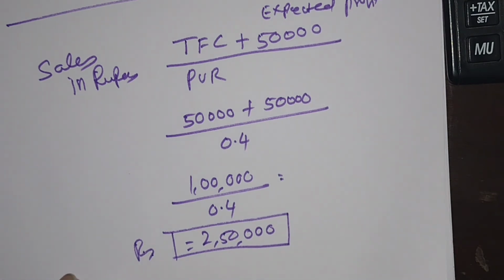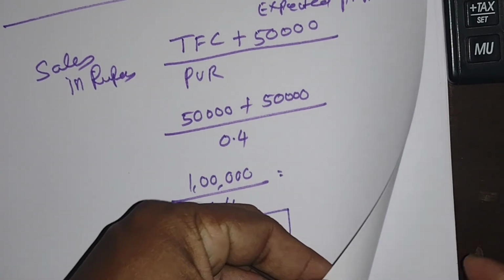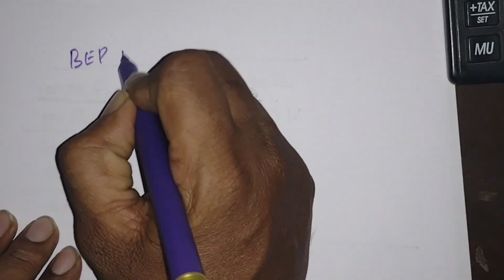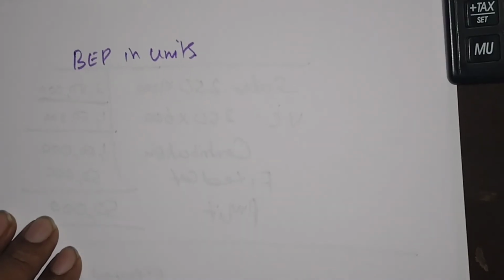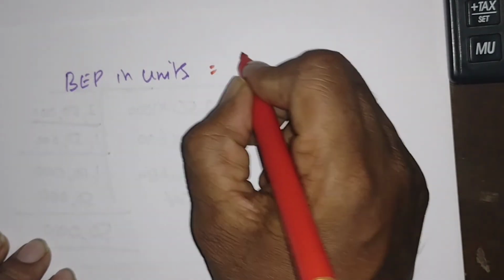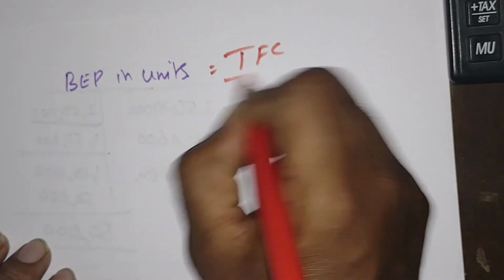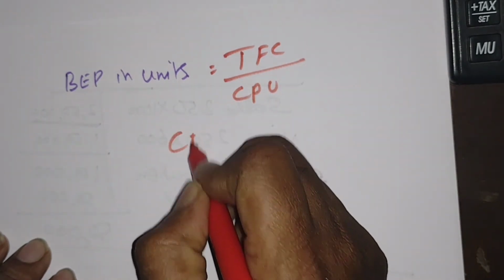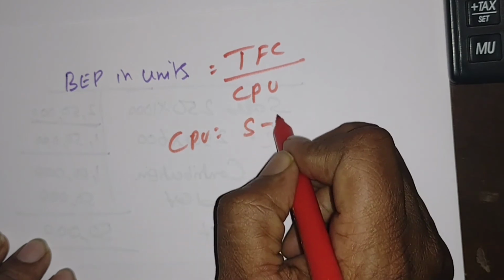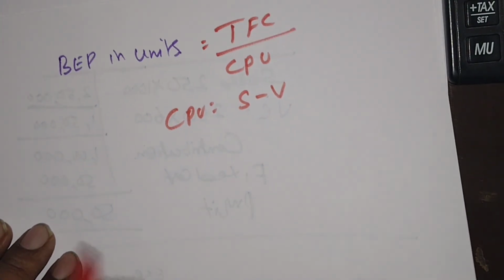So now once again, let me give all the formulas one by one. The very first one is BEP in units: total fixed cost divided by contribution per unit. Contribution per unit is equal to selling price minus variable cost.